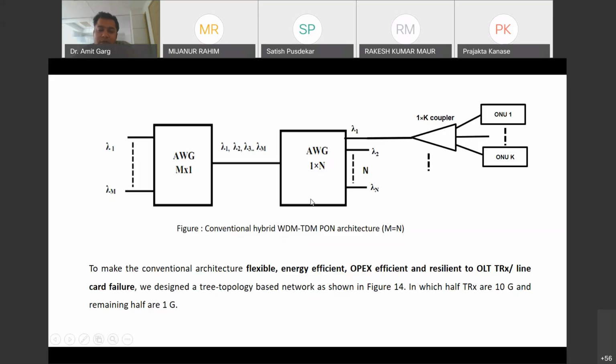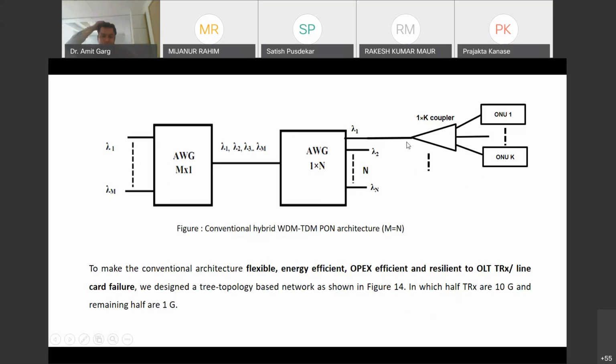And if the order of the remote node AWG is also 1 cross 8, then one port will receive one wavelength. This one wavelength is providing the service to k number of users. Similarly, another wavelength is providing the service to another set of k users. So only one wavelength is coming here.